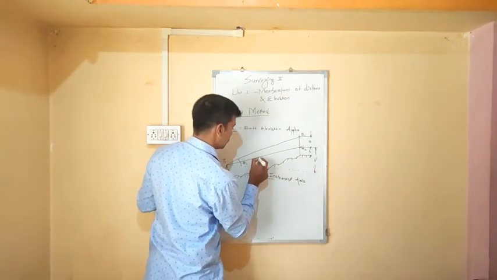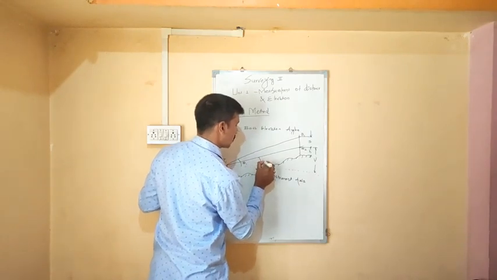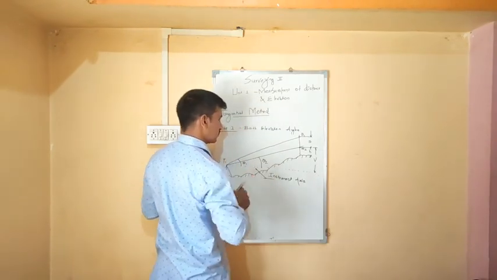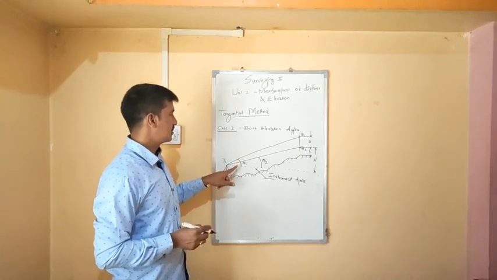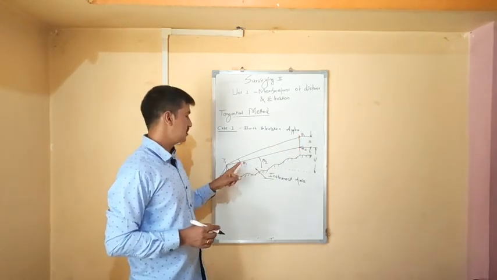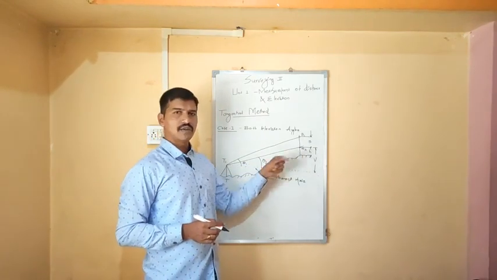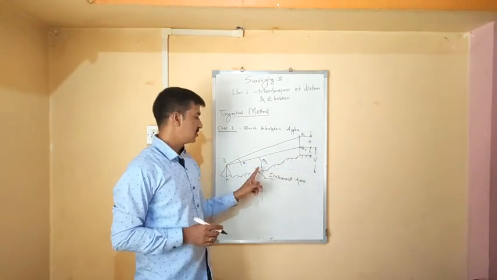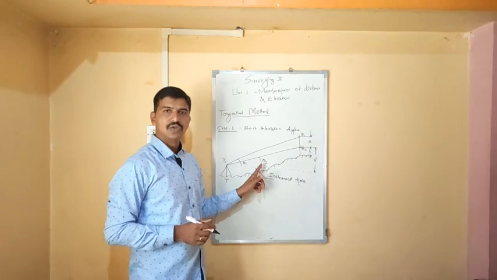The higher angle, which the ray makes with B1, is theta 1. The ray from T1 to B2 is nothing but your theta 2.